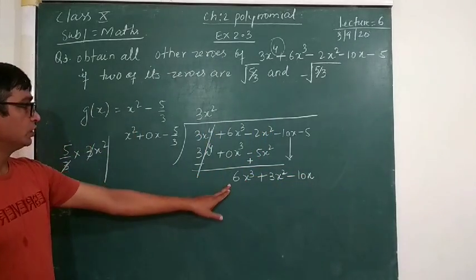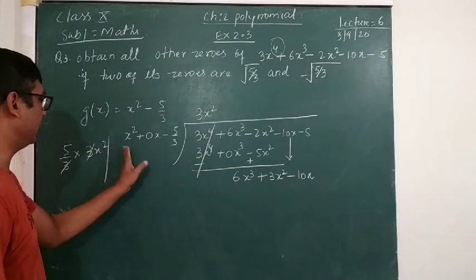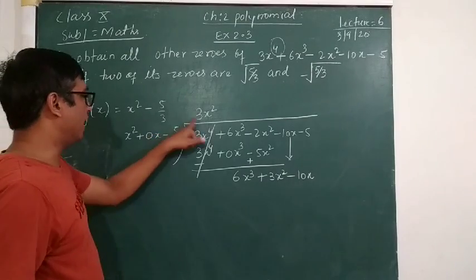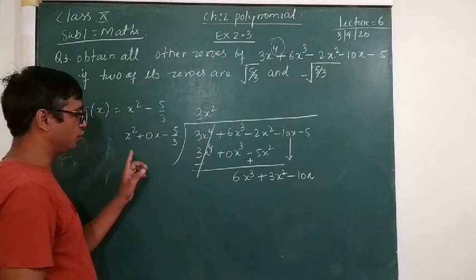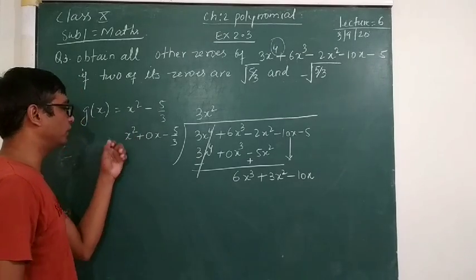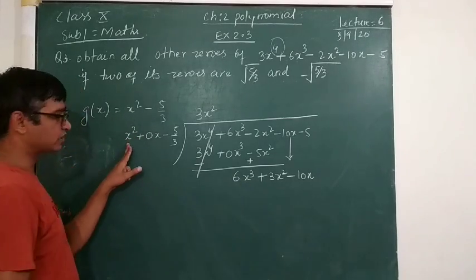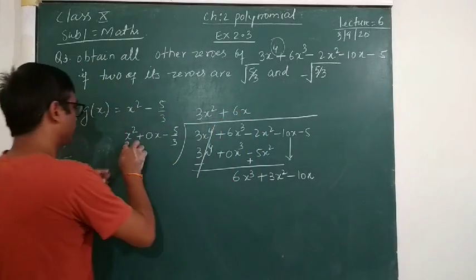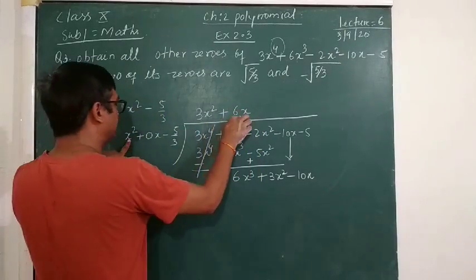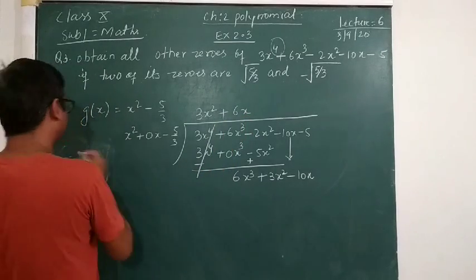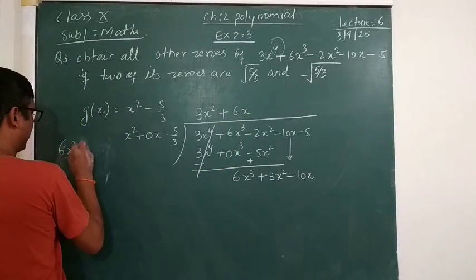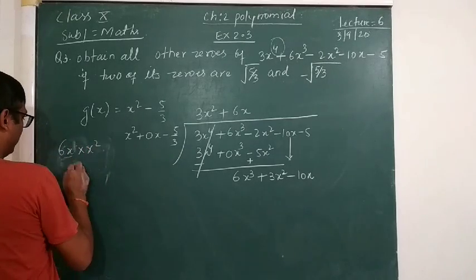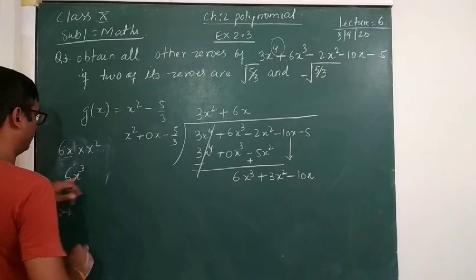Now again you have to put such a term that when multiplied with x square you get 6x cube. So if you write plus 6x, then x square into 6x gives 6x cube.